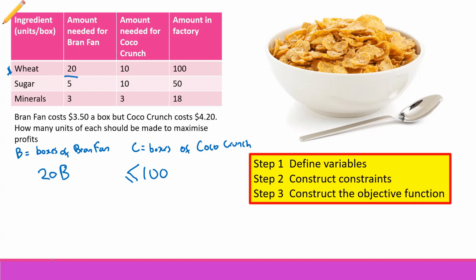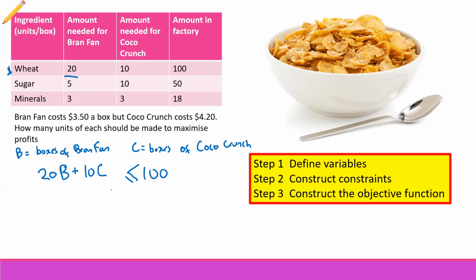So that means I can't make 6 boxes of bran. And the same way, C would be 10. So if I take 20 times the number of boxes of bran, and I add 10 times the amount of boxes of Cocoa Crunch, then that has to be less than or equal to 100.